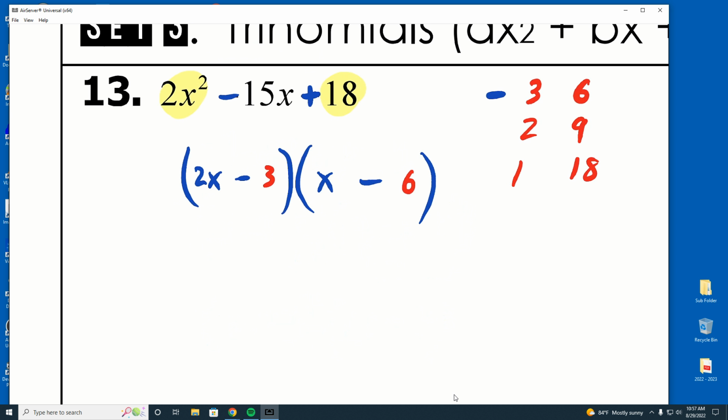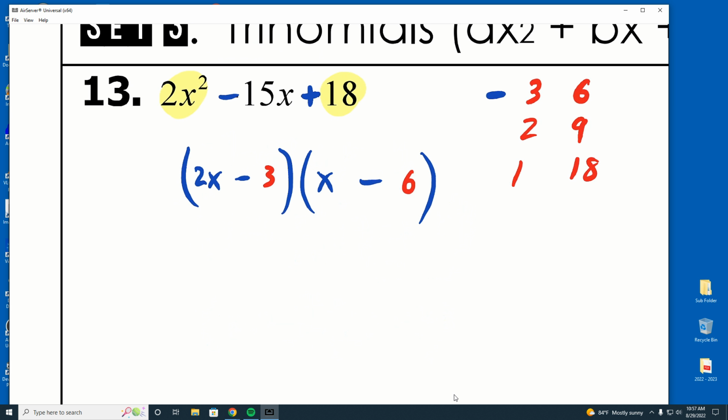And then I check outside and inside. What is 2x times 6? And what is 3 times x? Well, 12x and 3x combine to get 15x. Well, there it is. The first ones we tried were our answers. And that's great. Sometimes it's the first one, sometimes it's not. That's the guess and check method, though.